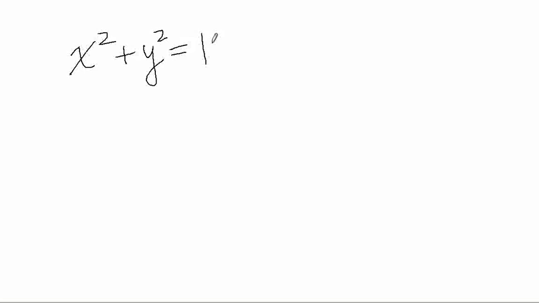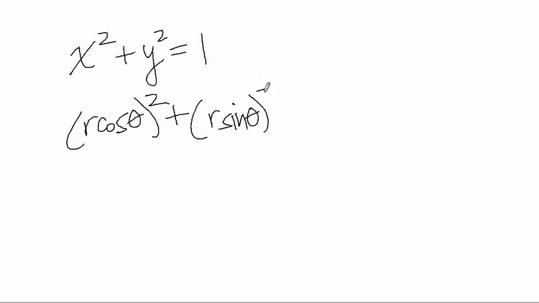So that's a circle centered at the origin, the corresponding graph, with a radius of 1. Okay? So that might immediately allow you to see that the answer is going to be r equal to 1. If you didn't see that, you can just substitute for x r cosine of theta, and for y r sine of theta. Okay, and from there you can factor out the r squared.